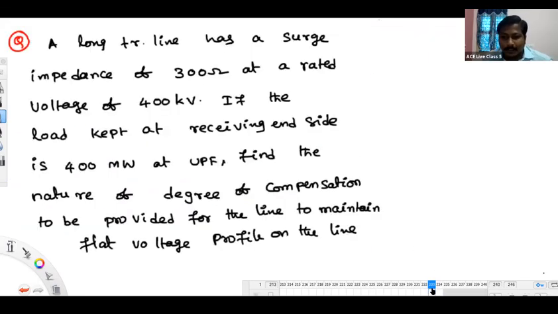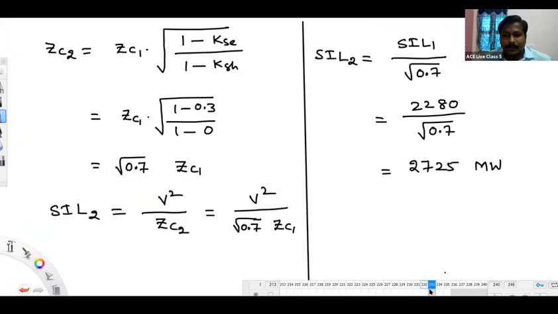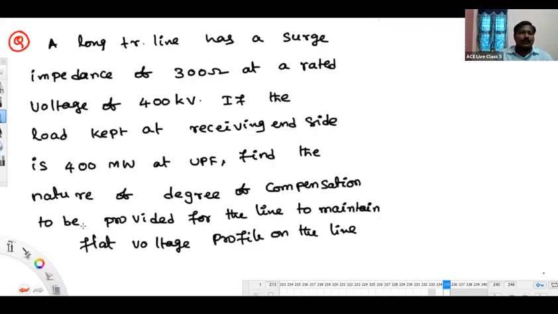Now let us see this problem that I have given. A long transmission line has a surge impedance of 300 ohms at a rated voltage of 400 kV. If the load at the receiving end is 400 megawatts UPF, find the nature and degree of compensation to be provided for the line to maintain a flat voltage profile.